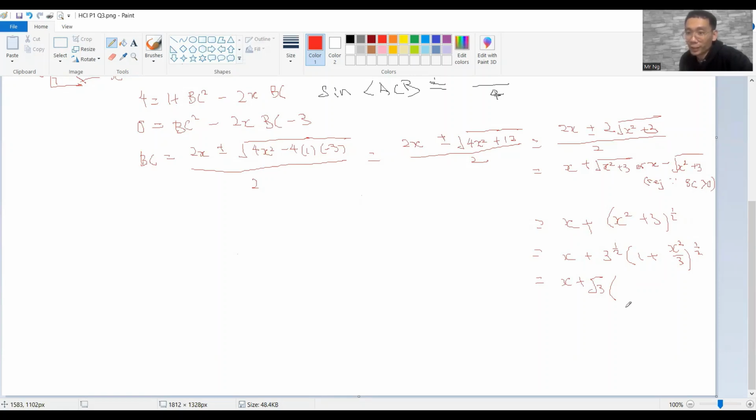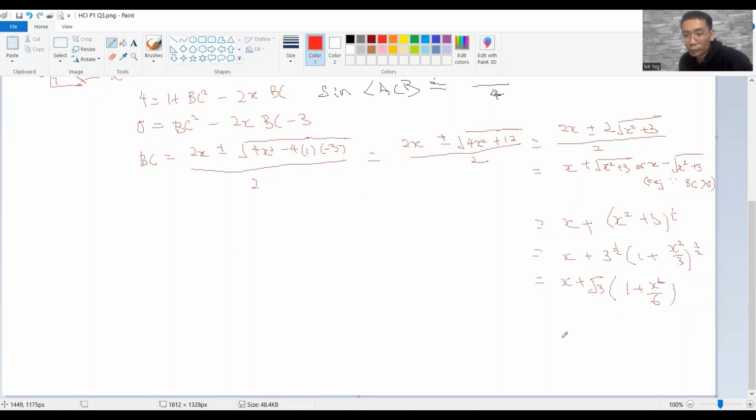Did I do anything wrong? Let me check. Yeah, should be fine. 1 plus x squared over 6, plus half times minus half over 2 factorial, then times x to the power of 4. Don't need that already, because we only go until the power of 2. So this is sufficient.